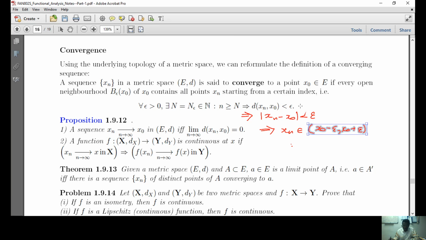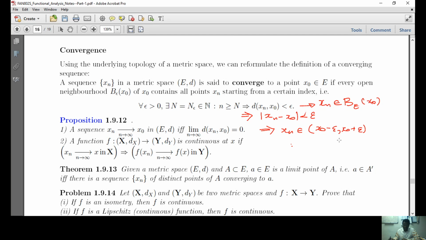By definition of ball, it just means that Xn belongs to this ball, B epsilon of X0.